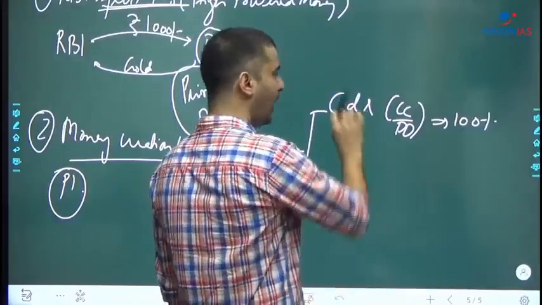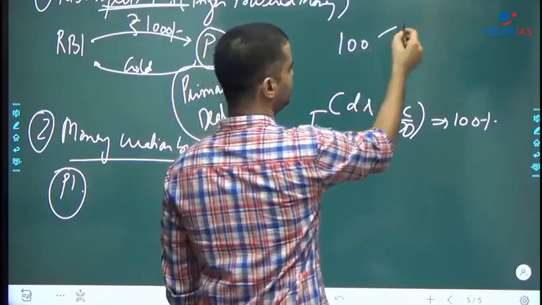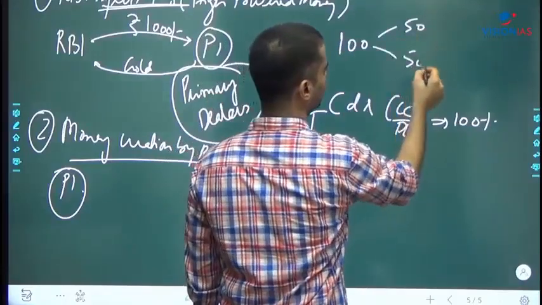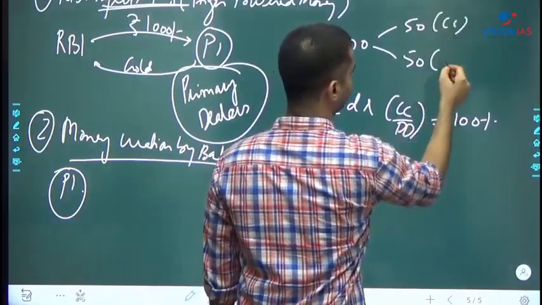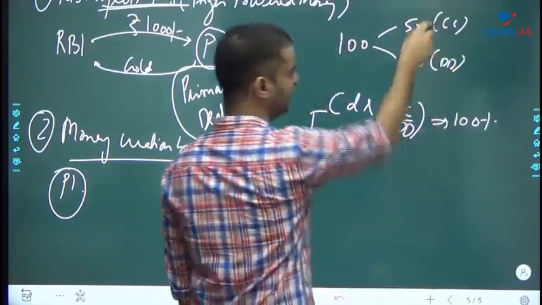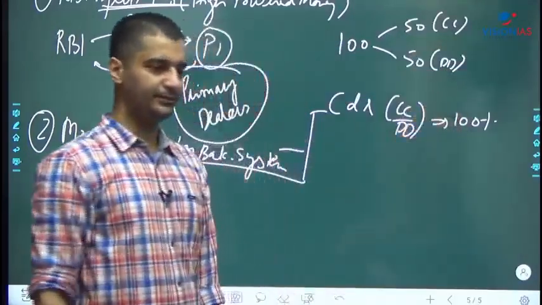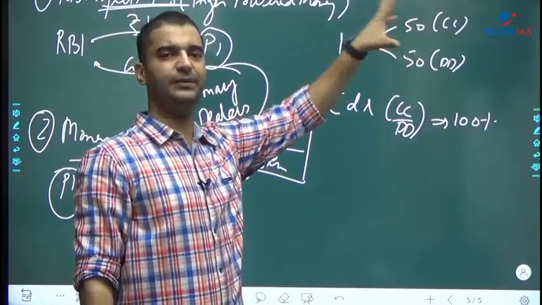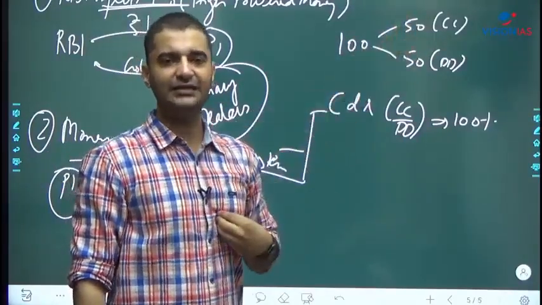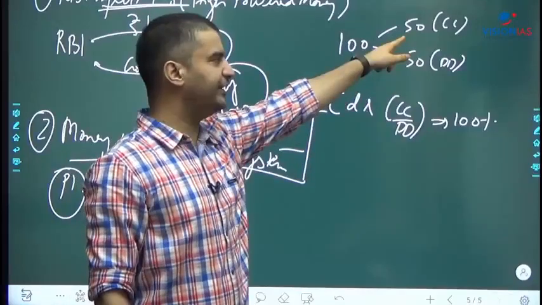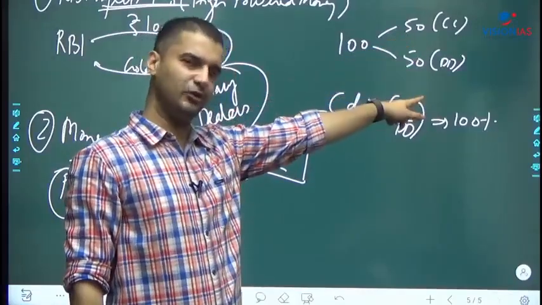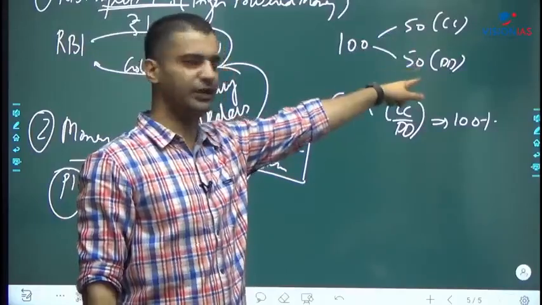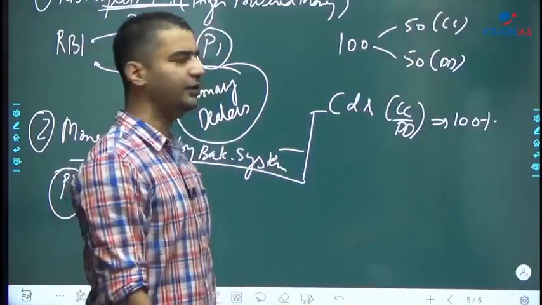That is, out of every 100 rupees, 50 rupees is kept as currency and 50 rupees is kept as deposit. So 50 upon 50 becomes 100%. So out of the total amount of money a person has, whenever I receive 100 rupees, I will keep 50 rupees as cash and 50 rupees I will deposit in the bank as deposit. So 50 cash, 50 deposit. Okay? Let's assume CDR of 100%.